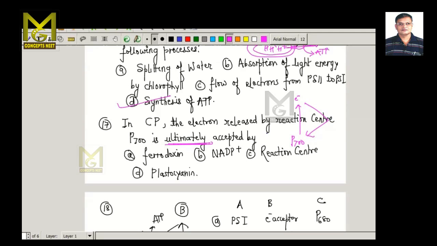In cyclic photophosphorylation, the electron released by the reaction center travels back in a cyclic process, so the correct option is the reaction center itself. The electron is ejected here and it comes back here. So the correct option in this case is C.